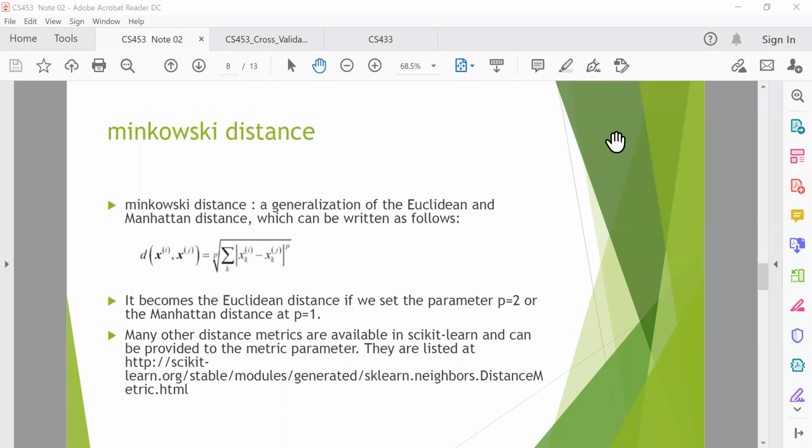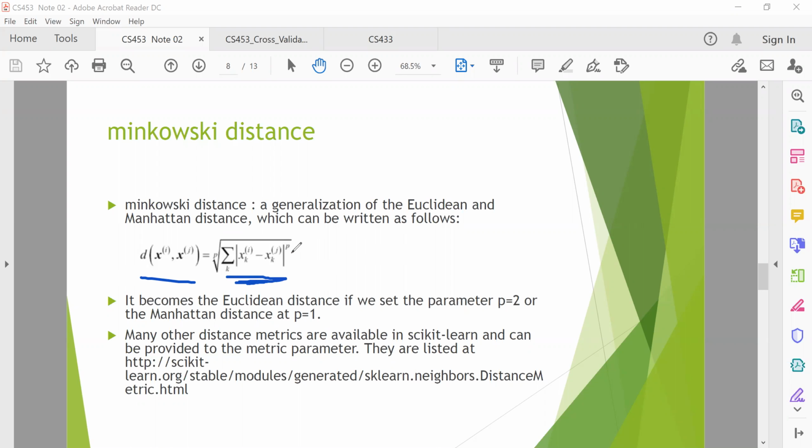Next we discuss the distance metric, called Minkowski distance. It says Minkowski distance is a generalization of Euclidean distance and Manhattan distance, and it can be written in this format. The distance between 2 points needs to consider all of the features, because each sample has more than one feature.